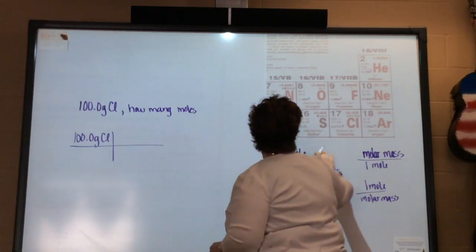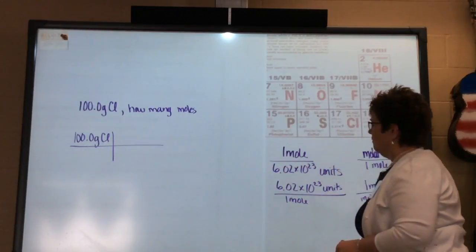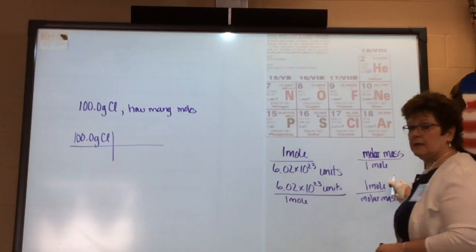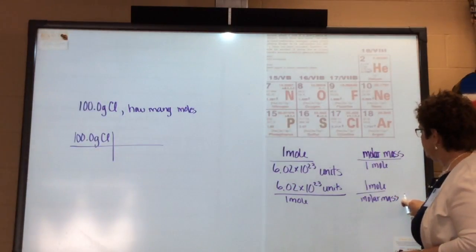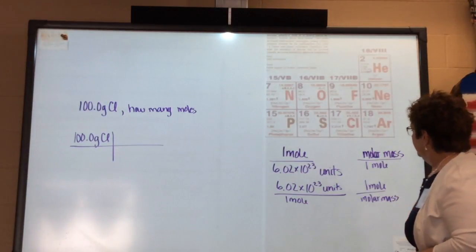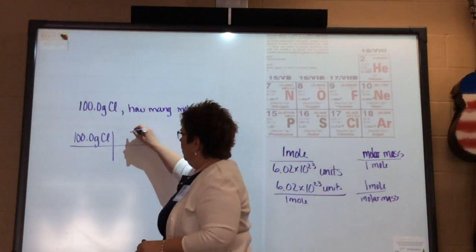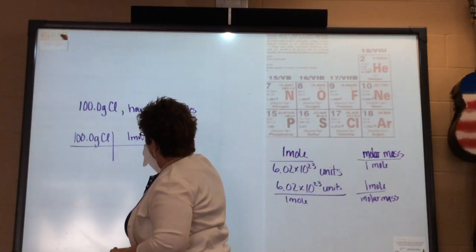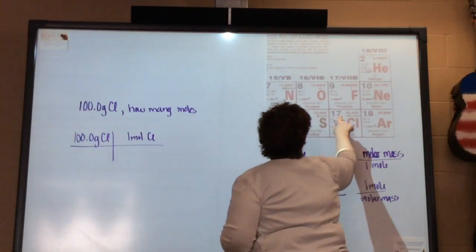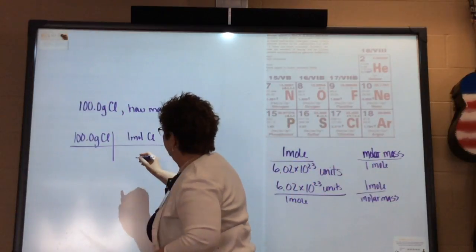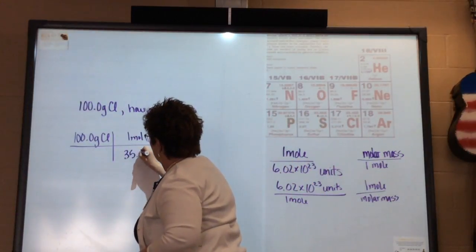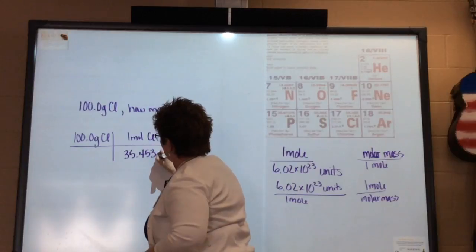So I look at here, factor conversion says, okay, if I'm going to have mass, I have 1 mole on the top as in my numerator, and my mass is in my denominator. So I place 1 mole up here of chlorine, happens to be 35.453 grams.